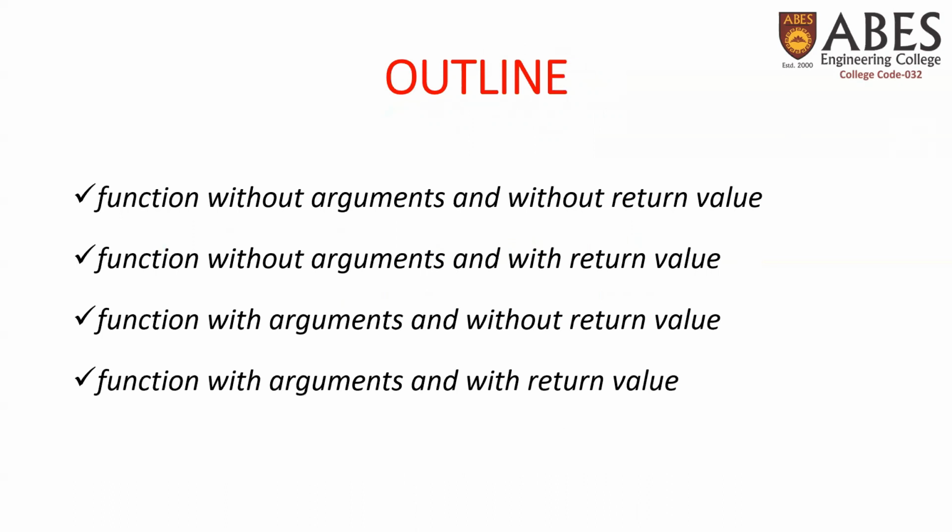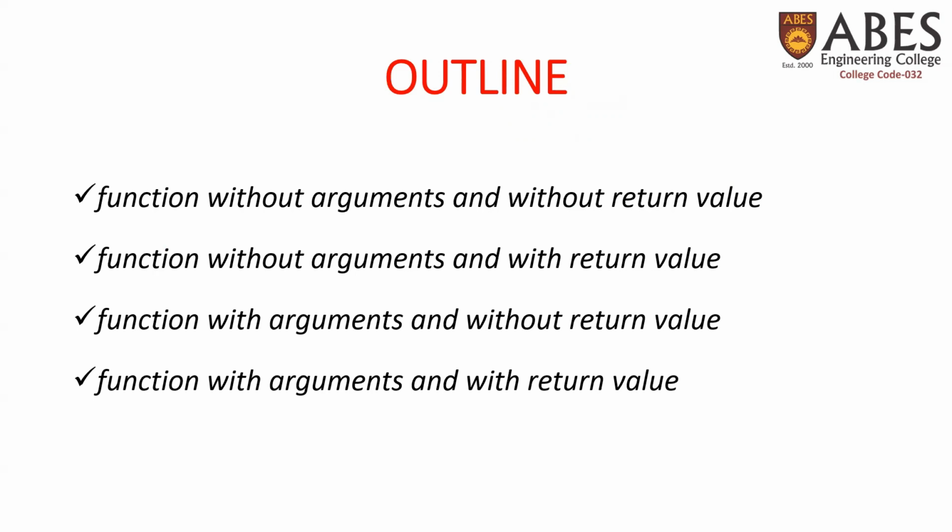Number one, function without arguments and without return value. A function which is not going to use any argument and will not return any value for itself. Number two, function without arguments and with return value. Again, the function will not use any argument and will definitely return a value for itself. Third one, function with arguments and without return value.